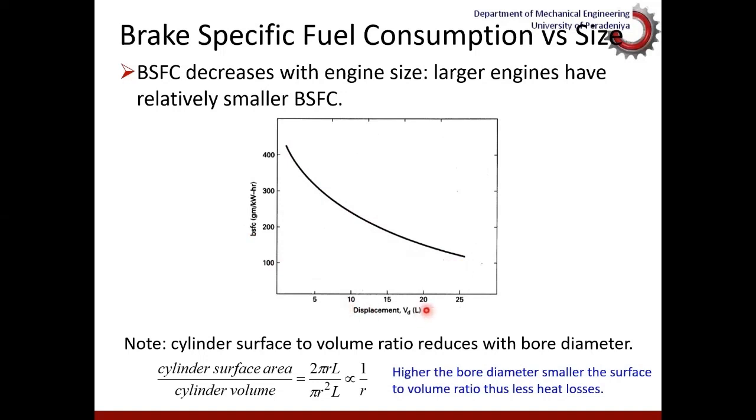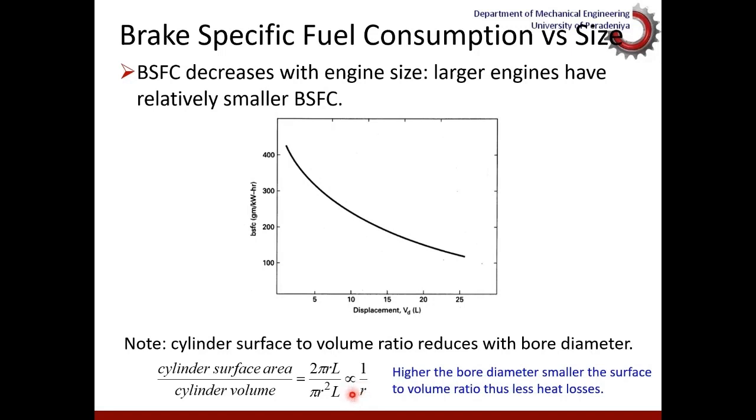So there are many reasons for that, but one simple, straightforward reason is, as I mentioned earlier, if you look at the cylinder surface area to cylinder volume ratio, we can see the surface area to volume ratio reduces with the increase of the value of R, that is the radius of the cylinder, which is twice the radius of the cylinder is the bore.